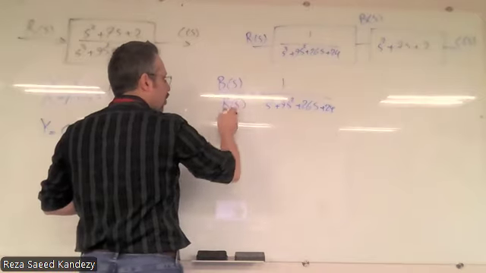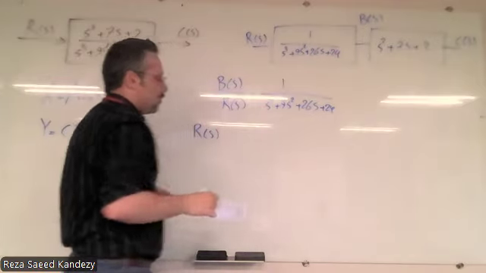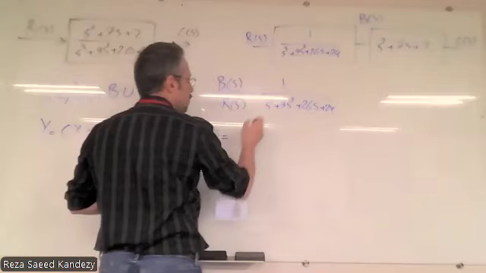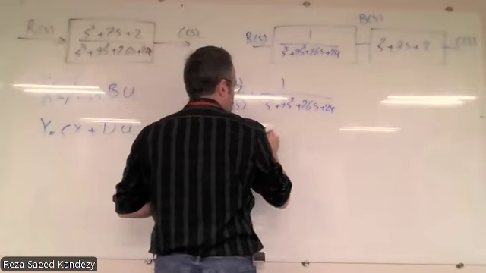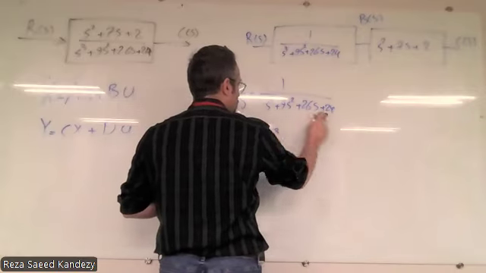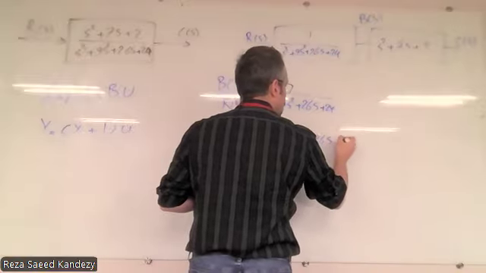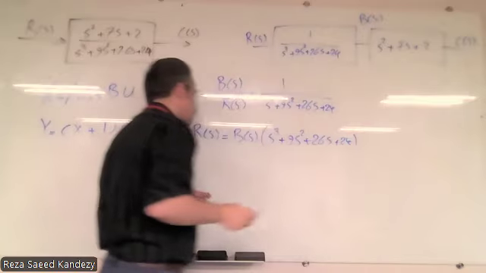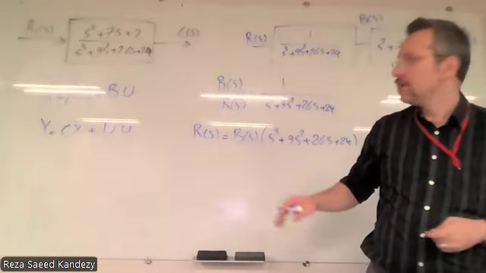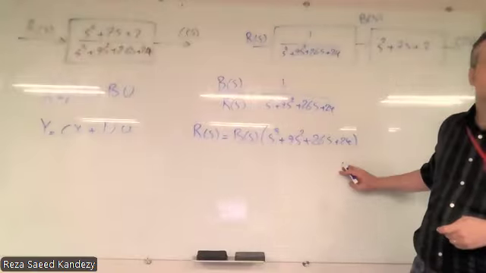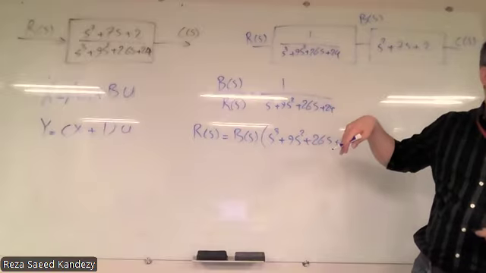We are going to move the R of s to one side of the equation, and it's going to be equal to b of s times that denominator, s cubed plus 9s squared plus 26s plus 24. Now, when we reach such an equation, what we are going to do is take the inverse Laplace.